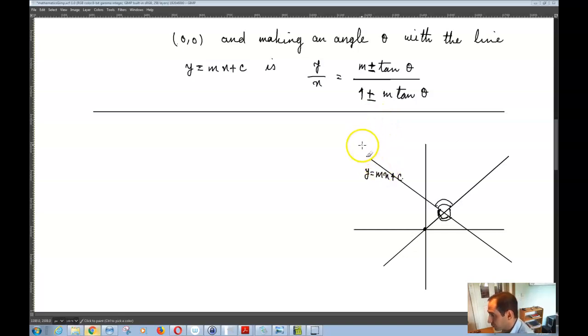And so what that means is that if you have this line y is equal to mx plus c, and any other line that goes through the origin and intersects with the first line, making an angle of theta with the first line, then the equation of the second line, this one over here, is going to be y over x is equal to m plus or minus tan theta over 1 plus or minus m times tan theta, which is of course useful in many different situations.